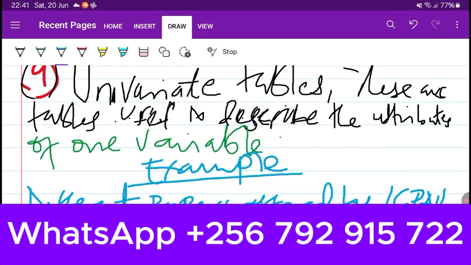So you see that we are looking at only one variable: the papers that are offered by the institute. So how are we going to display this information? It is very easy. We use what we call a univariate table.